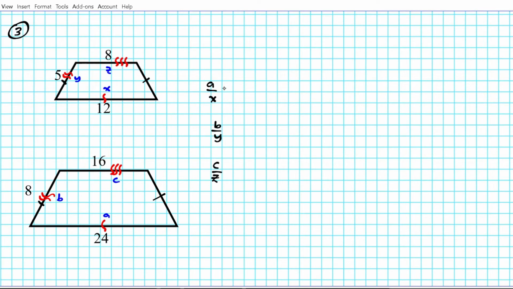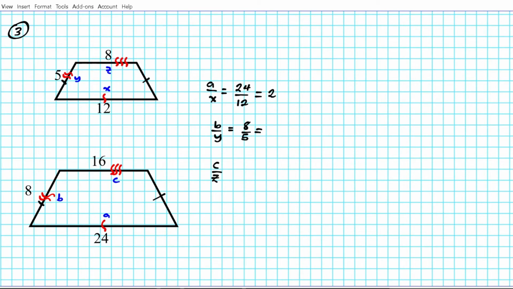Let's do the first one, the ratio of the bottom. We have 24 divided by 12, which is 2. Nice round whole answer. B over Y, we have 8 divided by 5. This is not 2.